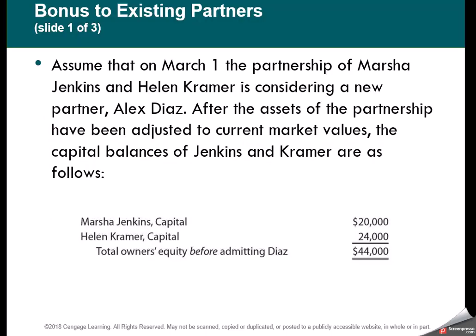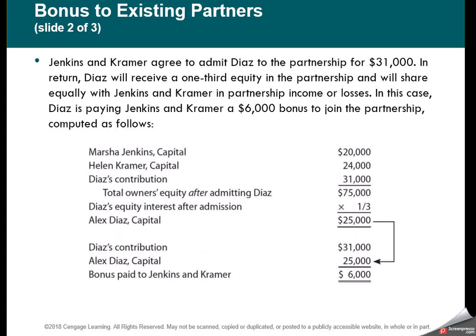So we've got an example. Marcia and Helen are considering a new partner, Alex. After the assets of the partnership have been adjusted to the current market values, the capital balances show $20,000 to Marcia, $24,000 to Helen, so $44,000 before they admit Alex.